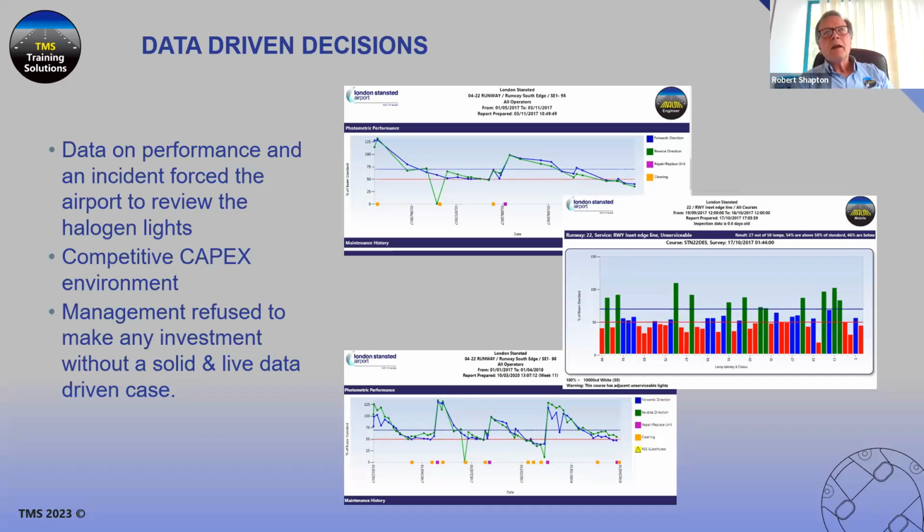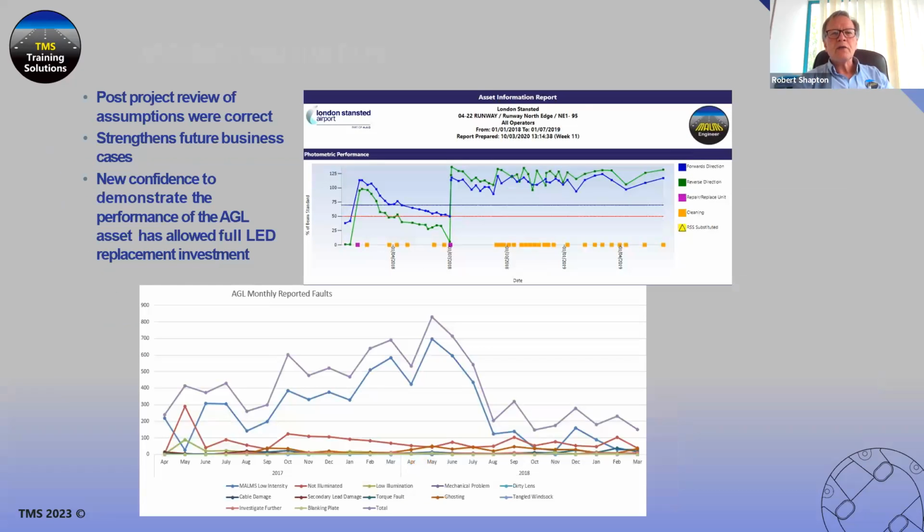But like any major corporation now, an airport's no different. They were also required to do a post-audit review of the project to demonstrate that they could actually achieve the results that were put forward in the business case.